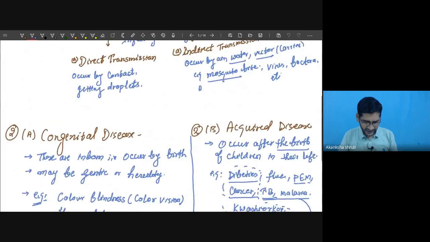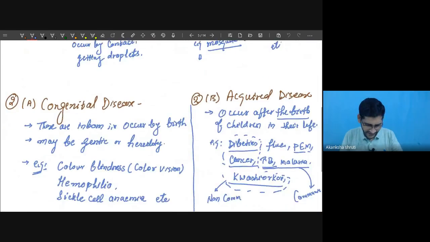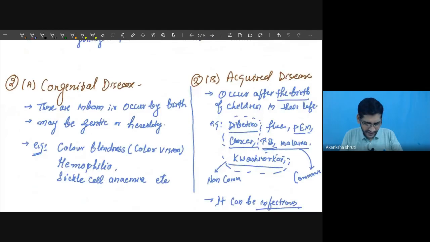What are their differences? Congenital diseases are by birth, like color blindness. These are more difficult to treat, because most of them are genetic, though not always. Genetic means inherited from the parents.